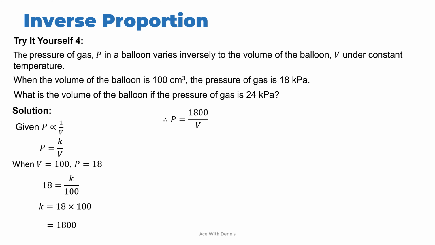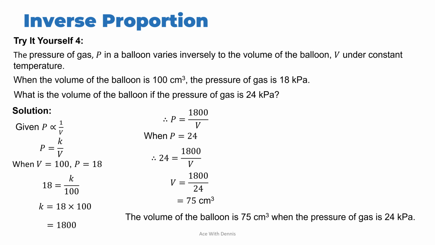Therefore, the equation becomes P equals 1800 over V. Now, when P equals 24, then the equation becomes 24 equals 1800 over V. V will be 1800 over 24, which is 75 centimeters cubed. Hence, the volume of the balloon is 75 centimeters cubed when the pressure of gas is 24 kilopascal.